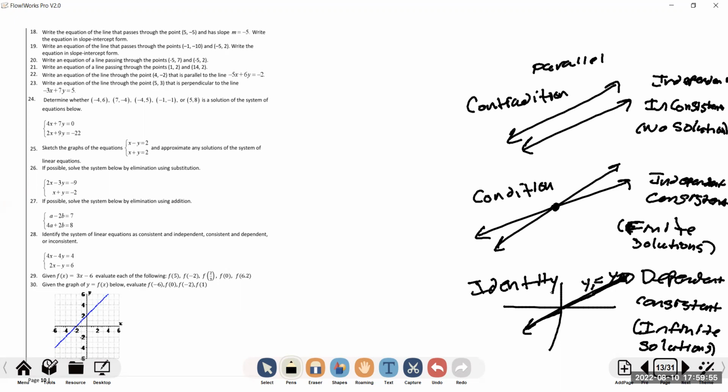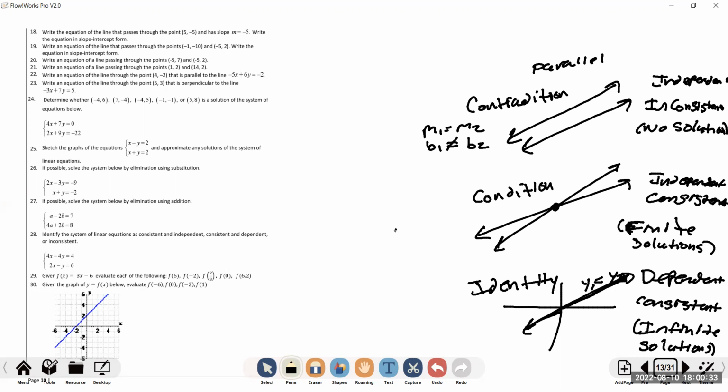Now we're going to take some points. We're going to see if they make them true, but using what we know here, we either have a situation where none of the points will work because they never intersect, or maybe one of the points will work if they have different slopes from one another, or all of the points will work if, and this is when we have the same slope, but we have different y-intercepts.